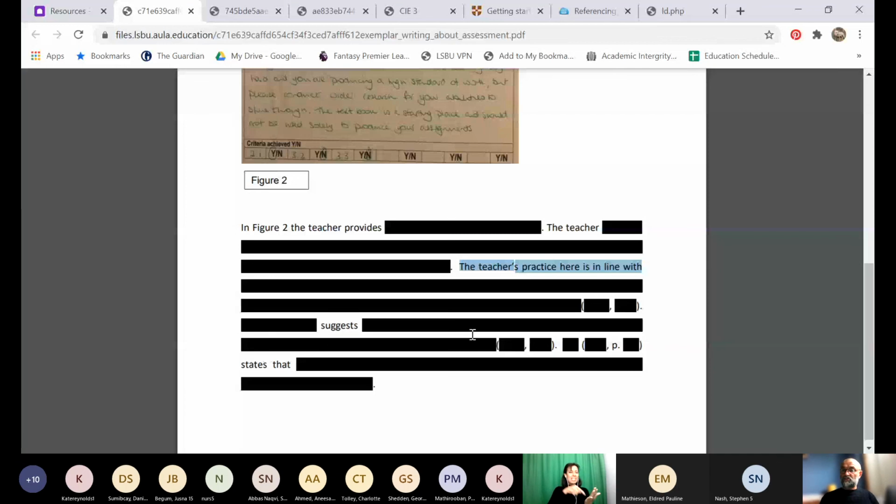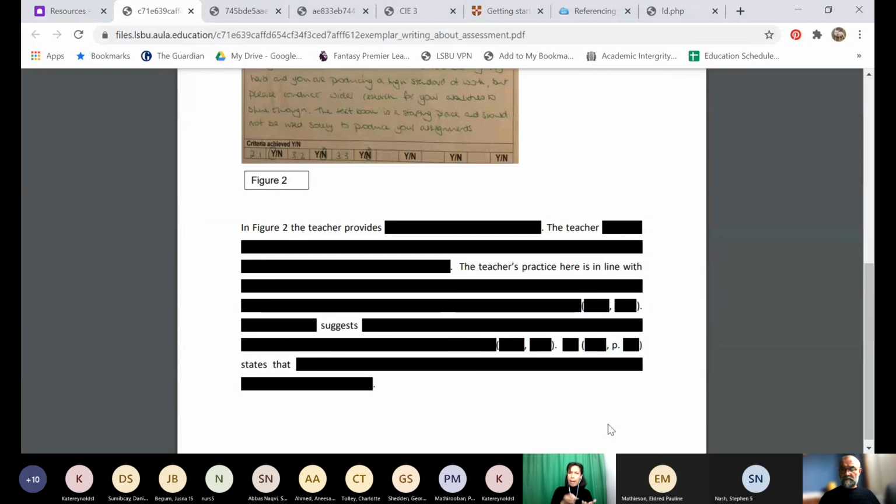So they're comparing and contrasting what they can see in the example, what the evidence tells them, with their knowledge of assessment practice. And you can see here that this particular student has supported this argument with a reference to one author and a reference to another author.